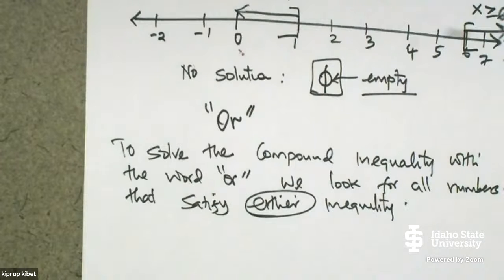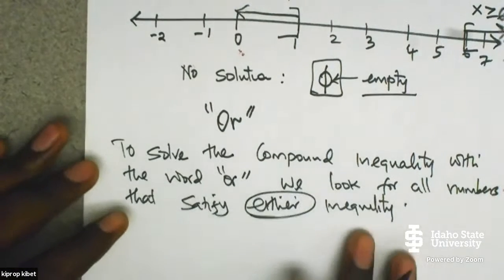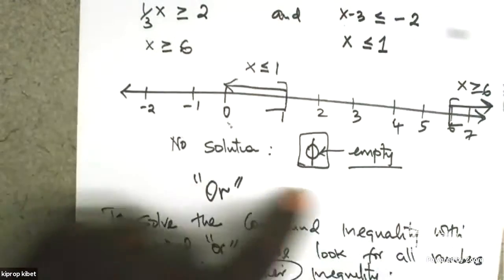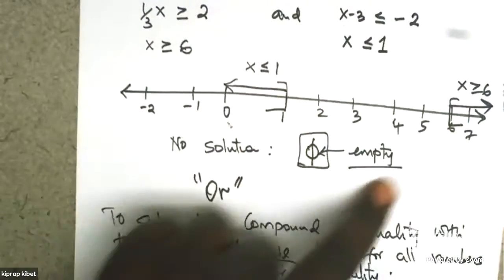So we look for a number which can satisfy either of the criteria. We look for the one which satisfies any of them, so this one is satisfying either of the inequalities.